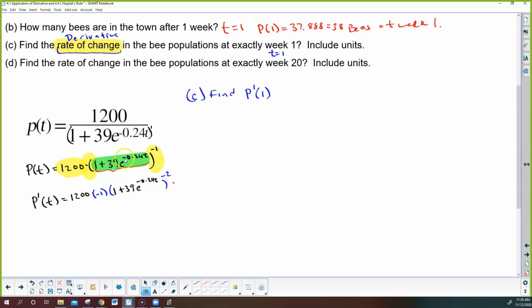And we actually have a double chain rule because we've got an inside part on the e. So now I'm going to multiply by the derivative of this inner piece. Well, the derivative of 1 is 0. 39 is just a multiplier, so that's going to stay. And the derivative of e to anything is itself.